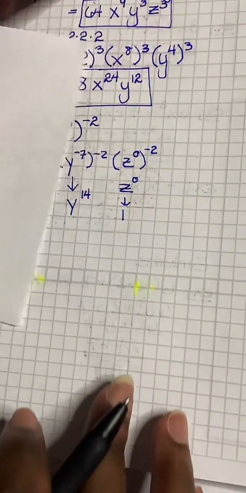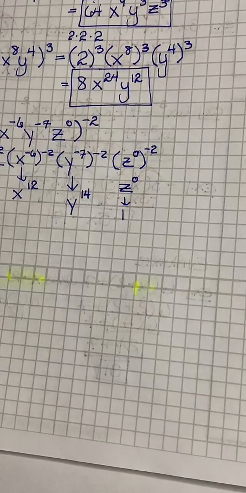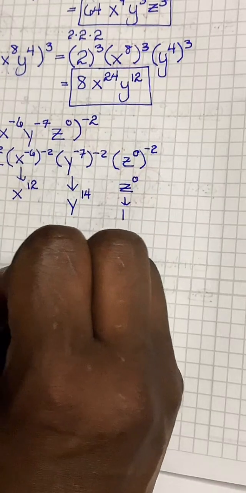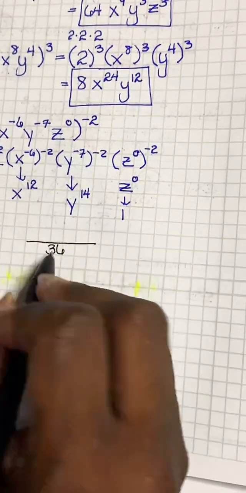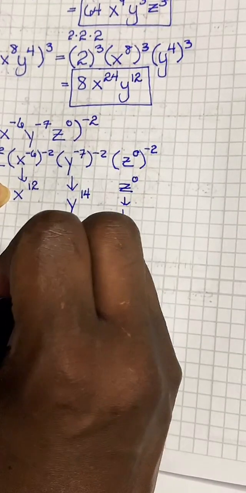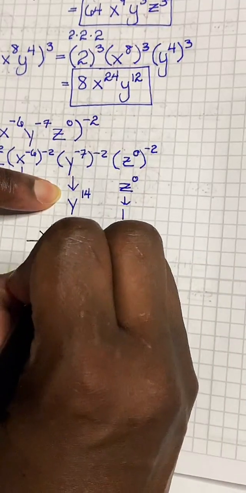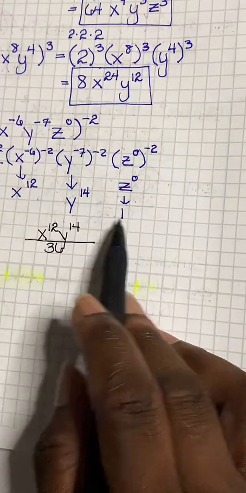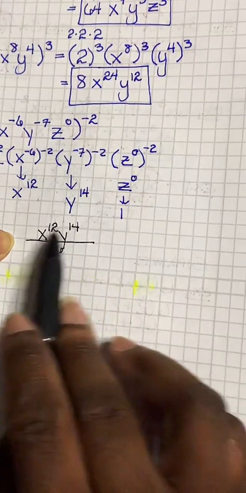So now all we have to do is clean all this stuff up. We have 1 over 36, so my 36 is in my denominator. In the numerator, since it's positive, we have x to the 12th. Same thing with my y's, that's y to the 14th. And then all those are being multiplied, so I don't have to put the 1.